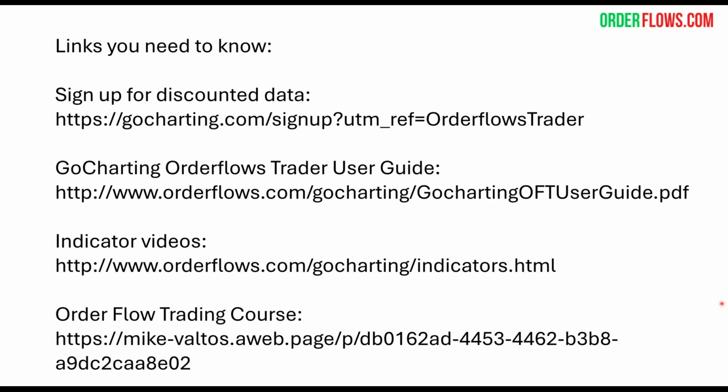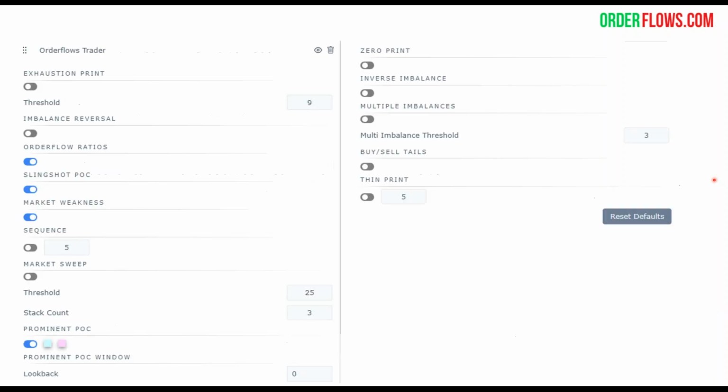Yeah, so let's just really quick, before I jump into the actual GoCharting platform, I just want to go over what some of these tools are, what the Orderflows trader has in terms of order flow, and what GoCharting has in terms of order flow analysis, so that you can really comprehend the magnitude of what you're getting with GoCharting.